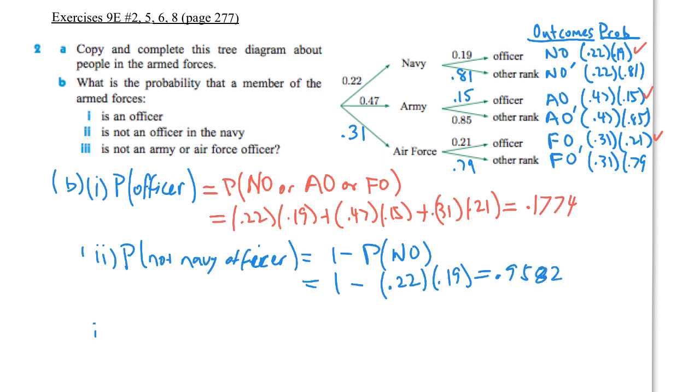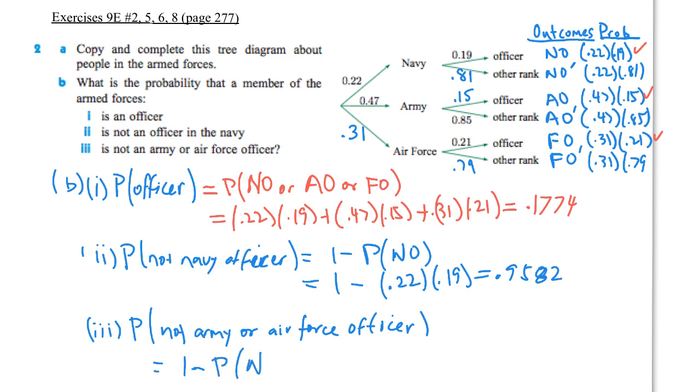And then for part 3, the probability not Army or Air Force officer. Again, when you're asking me a not question, it's typically easier to follow the complement rule and do 1 minus the probability that you are a Navy or an Air Force officer.